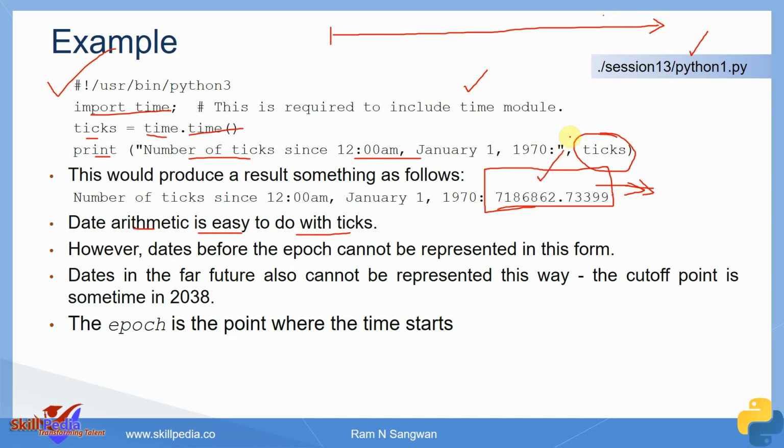Let's say this number represents these many ticks, and the other factors like time and seconds and milliseconds, or whatever. Our focus right now is counting these numbers.